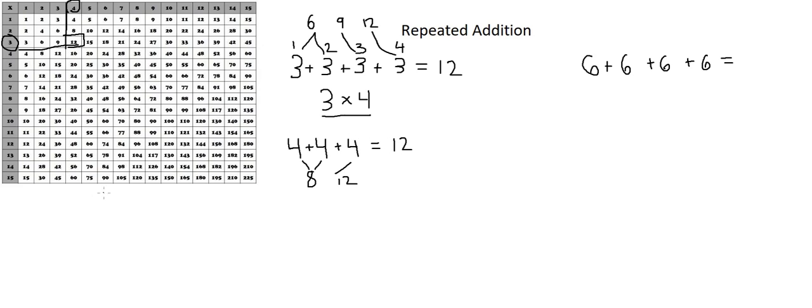if we go back to this board, we can see that if we take 4, because this time we're adding 4, and then we add it to 0 3 times, then we also get 12.